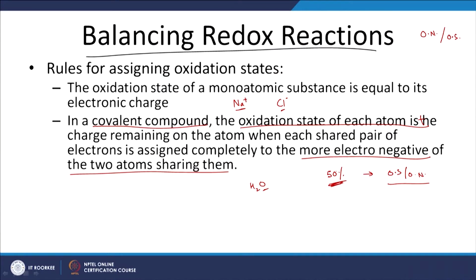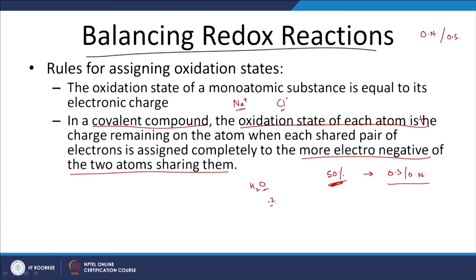It has more than 50% share of both the electrons it is sharing with the hydrogen. So looking at the hypothetical dissociation, oxygen will have an oxidation number of -2 in this case. And H, because it's losing its share of the electron to the oxygen, is going to have +1, and oxygen will have -2.